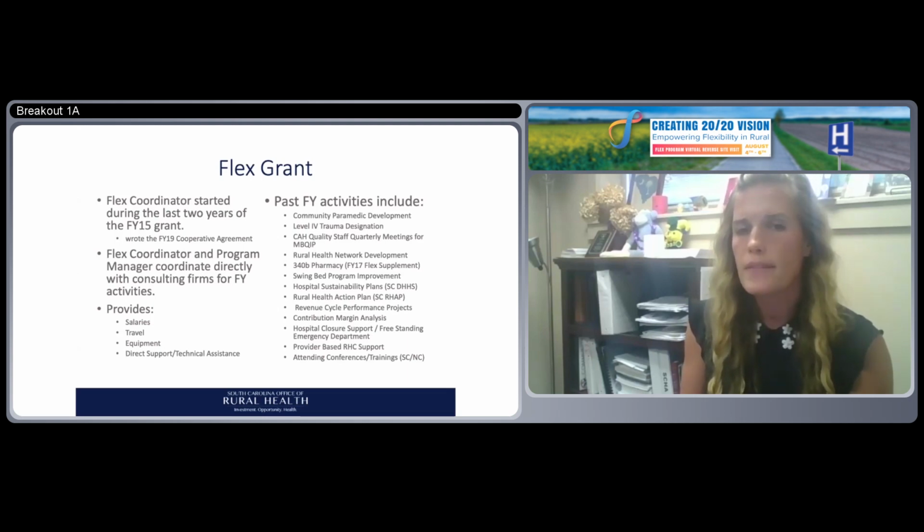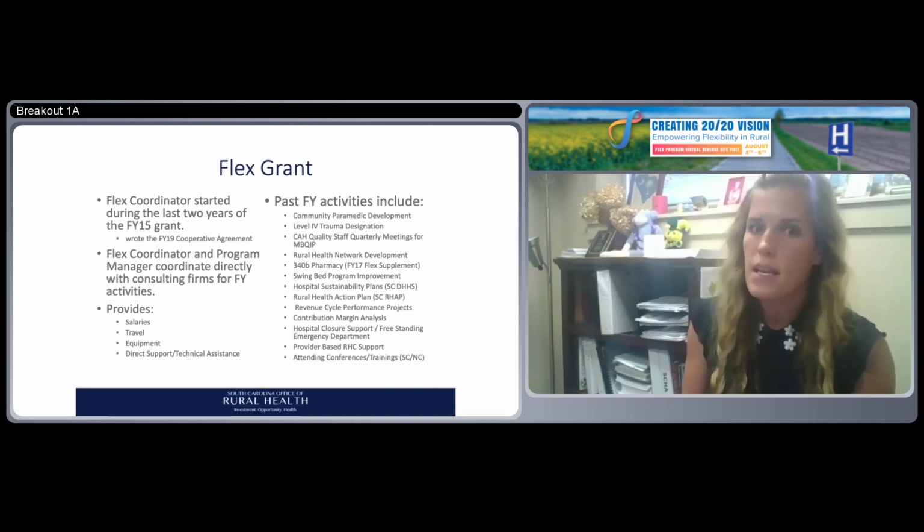One of the big things that we've done over the last several years, last 5 years, is our HHS office did hospital sustainability plans, which really helped our small rural hospitals look at where things were going long term for them.